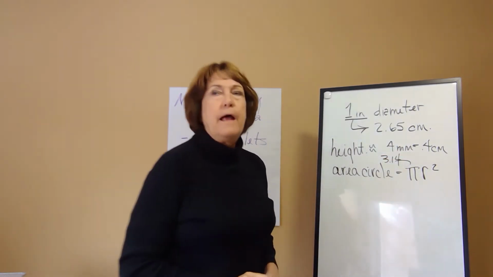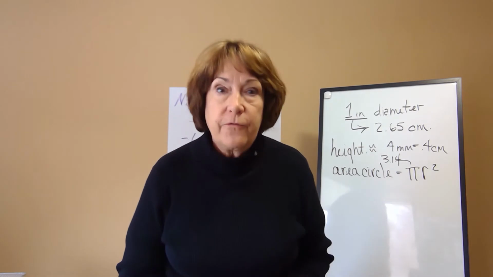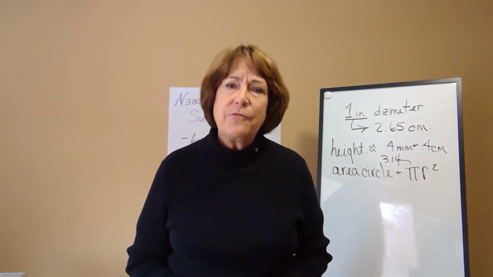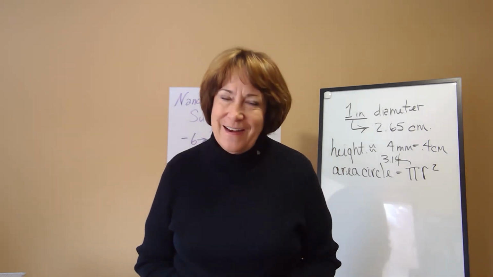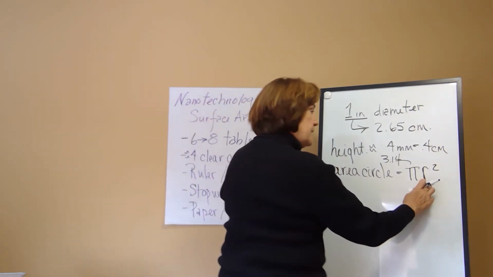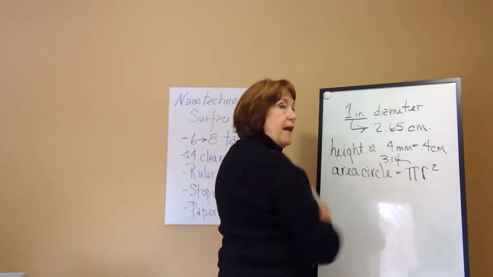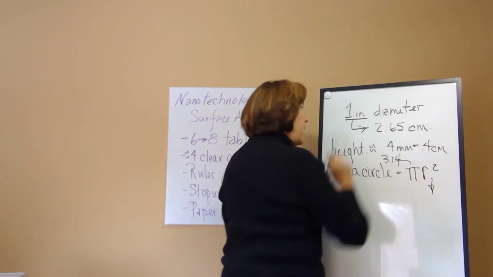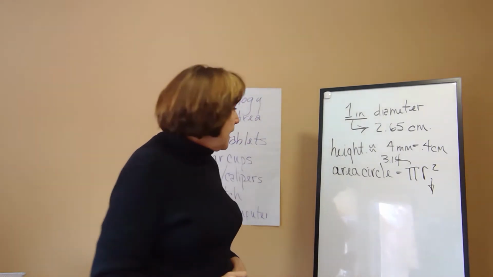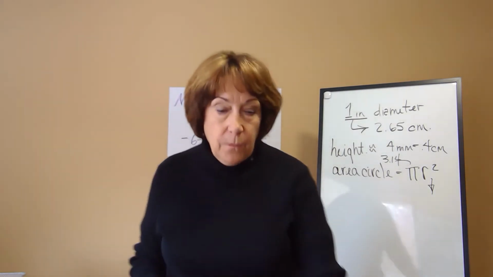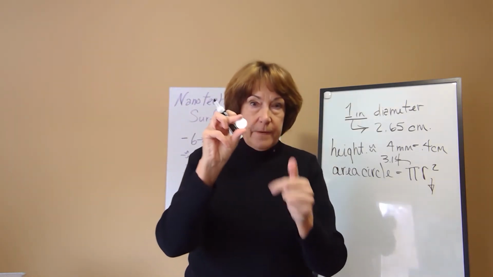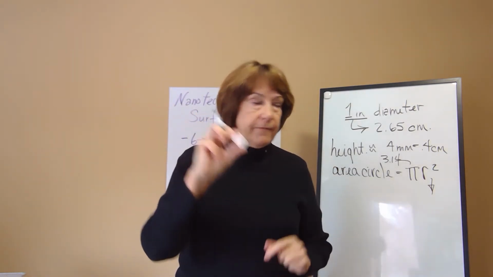It's actually a number that can go on for infinity with all kinds of different decimal places, but 3.14 is a good enough value for pi right now. And r is the radius, which is 1/2 of the diameter. So we can calculate the radius of our tablet, and that will give us the area for the top or the bottom of our tablet.